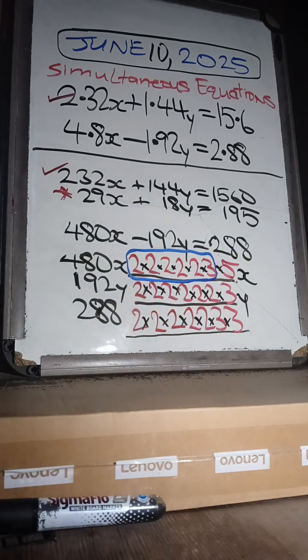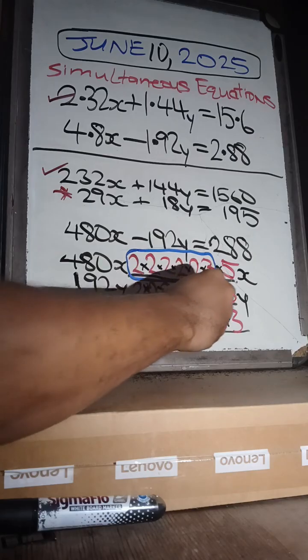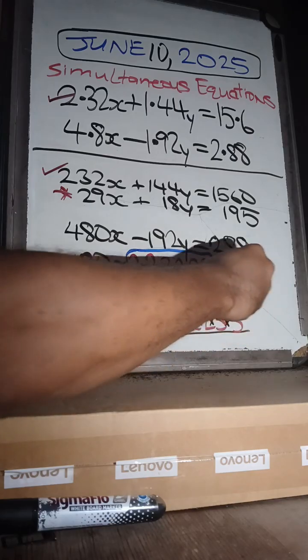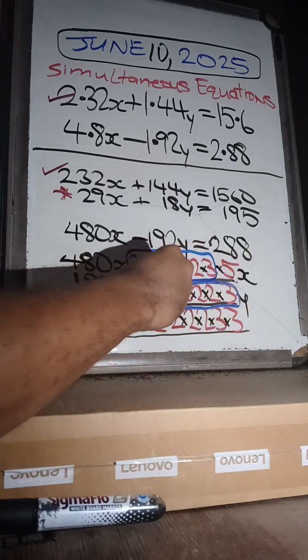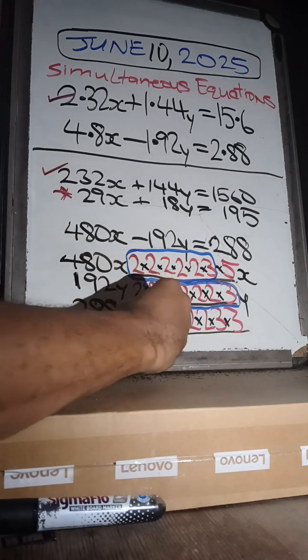And I have to be careful how I select this one. 5 2's and a 3 there. And one more time, 5 2's and a 3 here.